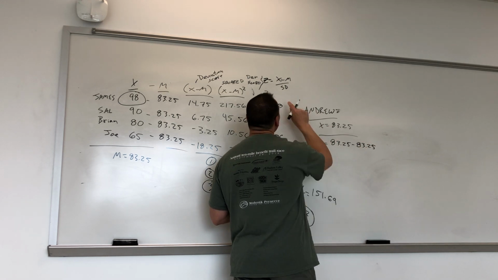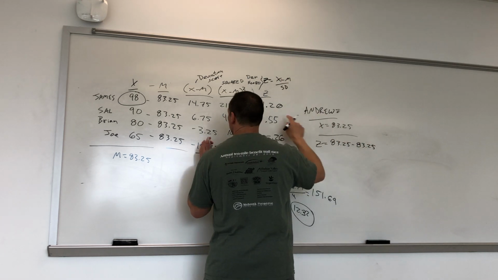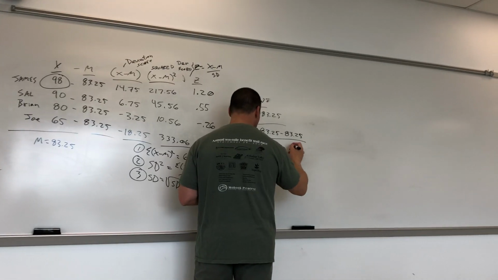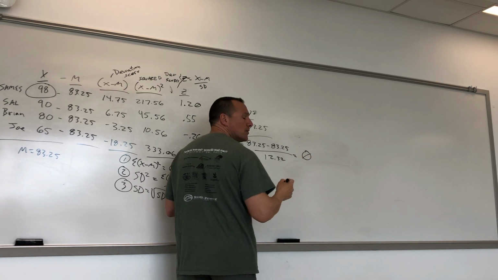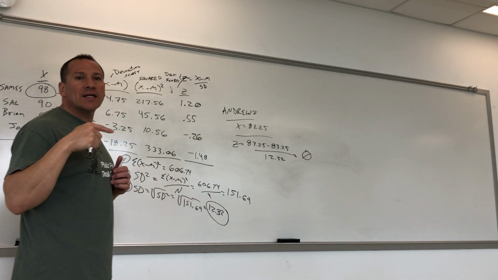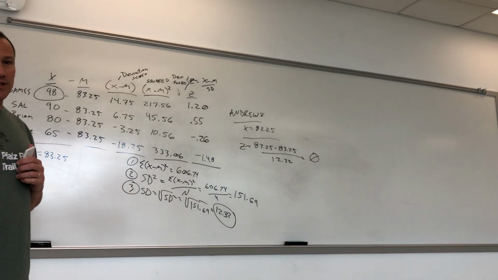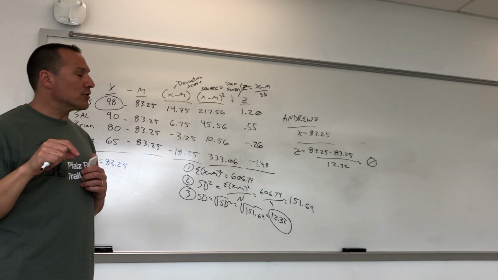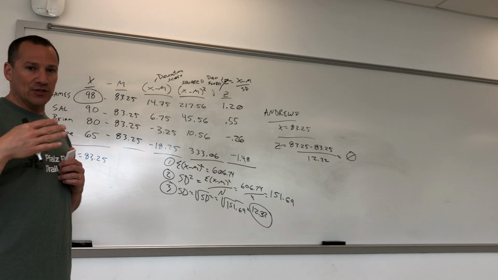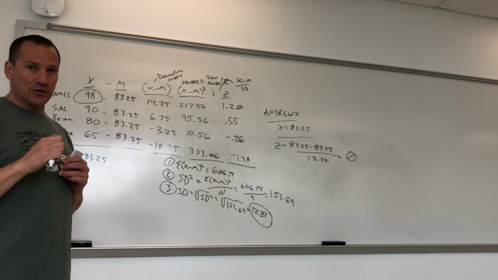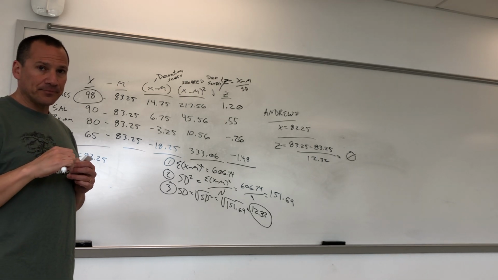So it's x minus m. This is x, the mean is 83.25, divided by the standard deviation of 12.32 equals 0. So if you have a z that equals 0, that means that the raw score that it corresponds to is exactly at the mean, which I think is a useful piece of information, a useful way to think about things.